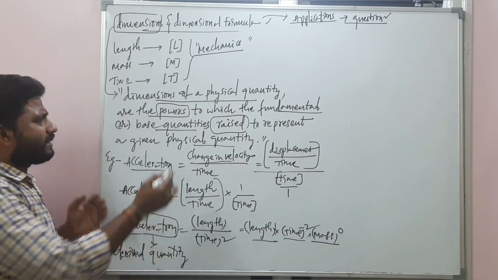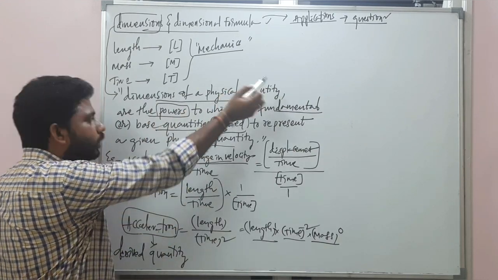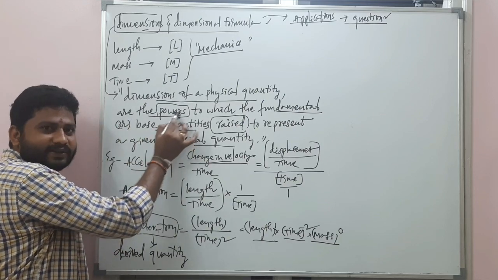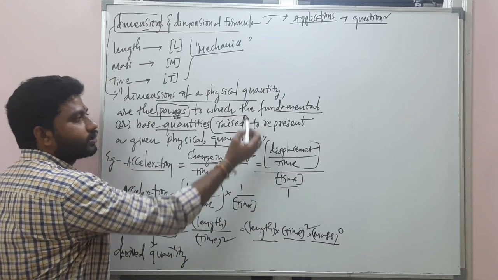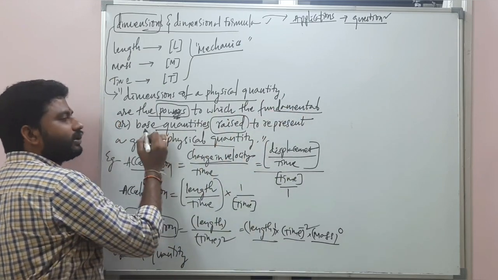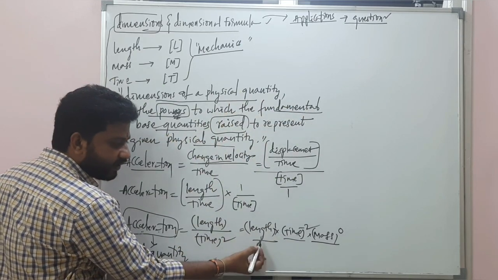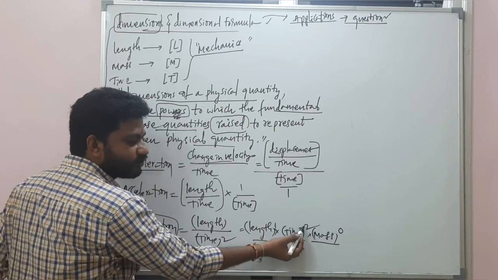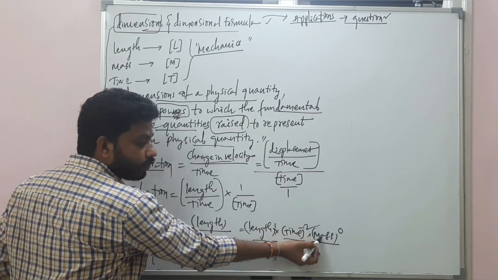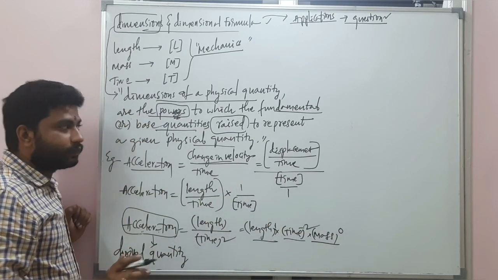This is about the dimension. Dimensions of a physical quantity are the powers up to which the fundamental quantities are raised. See here, the fundamental quantity length is raised to the power 1. The fundamental quantity time is raised to the power -2. The fundamental quantity mass is raised to the power 0.